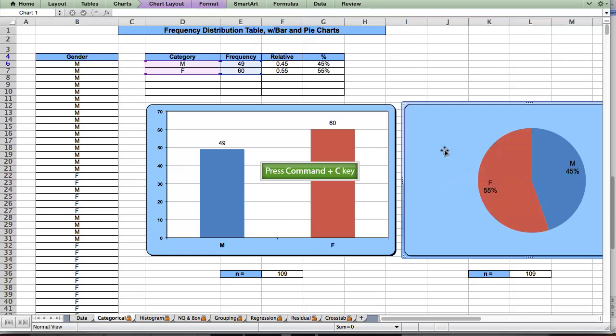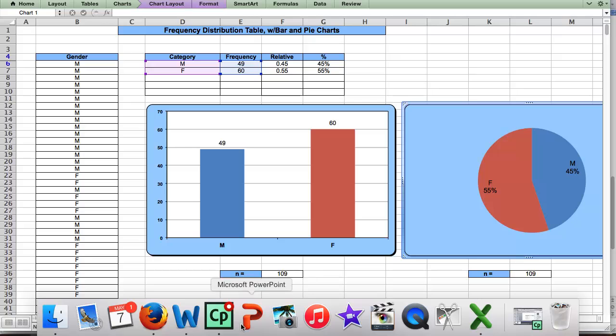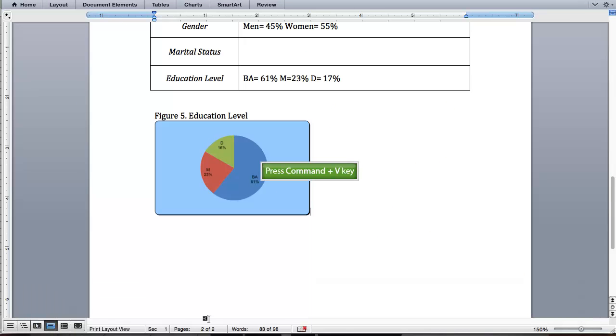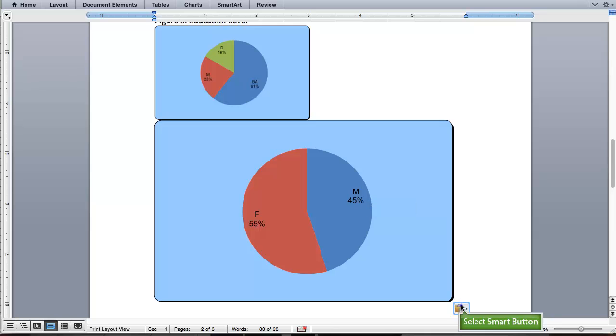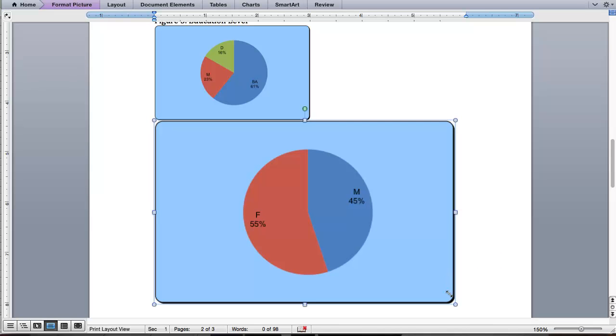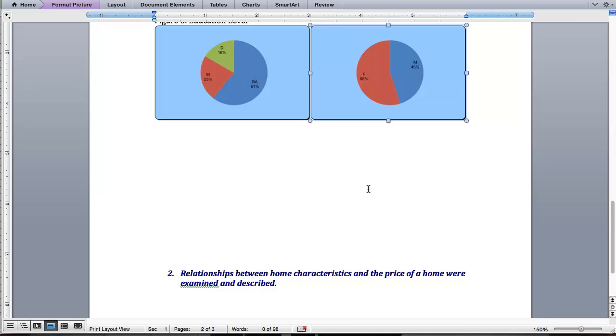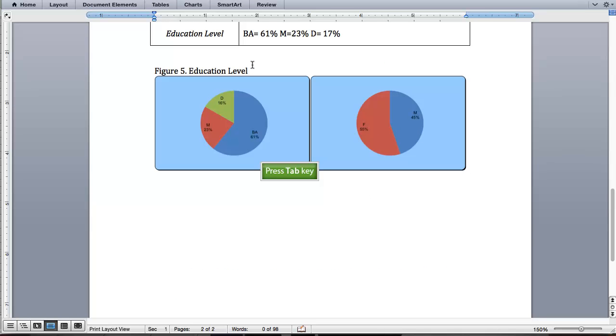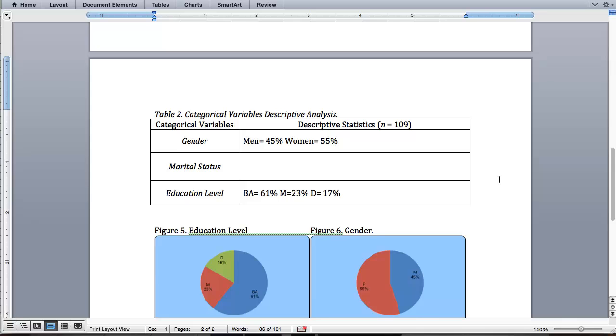And when putting this one into our Word document, we don't want the education level to change, and it hasn't, because we pasted it as a picture. And we could continue this just as we have for our quantitative data.